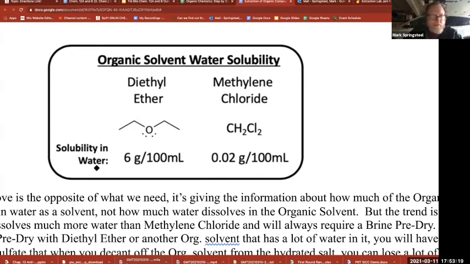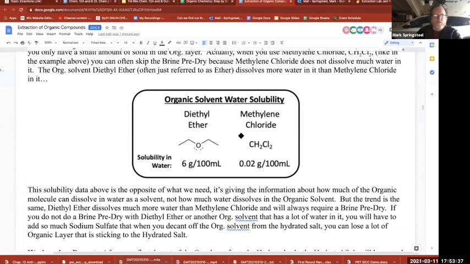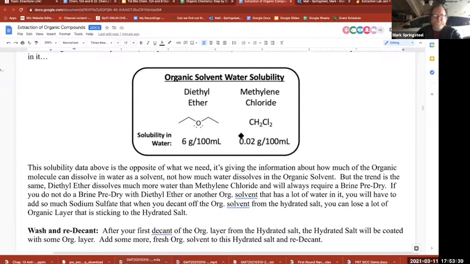I didn't have the data for the other way, but you can see water and ether are more similar. They dissolve a little bit in each other, so the ether has a fair amount of water dissolved in it when you do an extraction. So you have to pre-dry and then final dry, whereas methylene chloride almost has no water in it, so you can just go right to the final dry a lot of times.